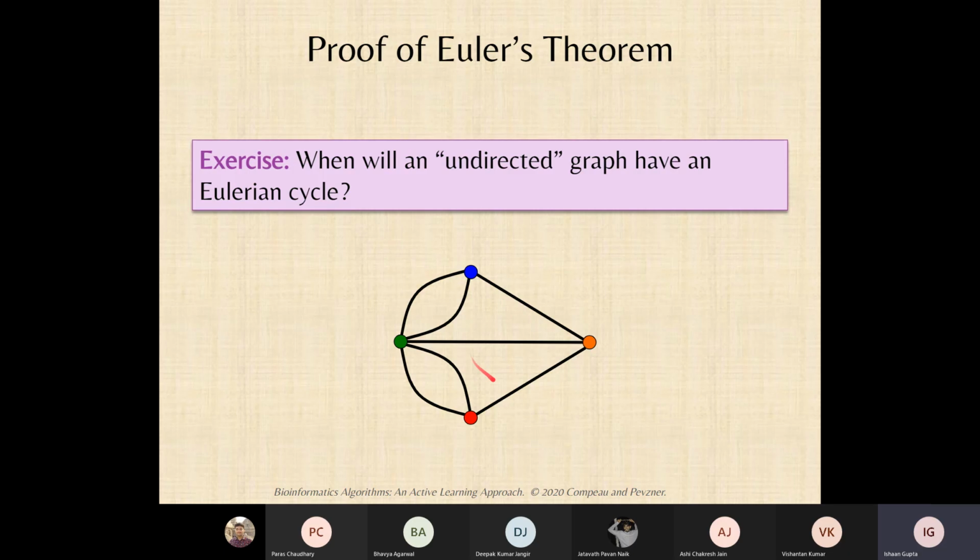If you remove this edge, then the in degrees and out degrees will be the same and the graph will become balanced. Everything will be even, and it's already a strongly connected graph because you can reach anywhere from anywhere, right? So Deepak was right earlier when he said that you can remove any edge and it will have an Eulerian cycle.